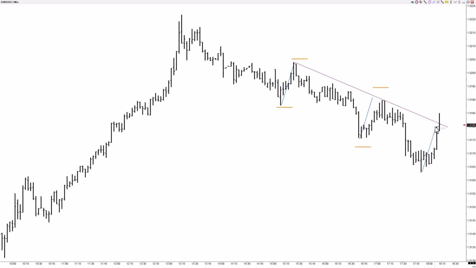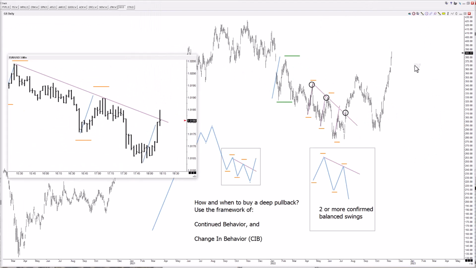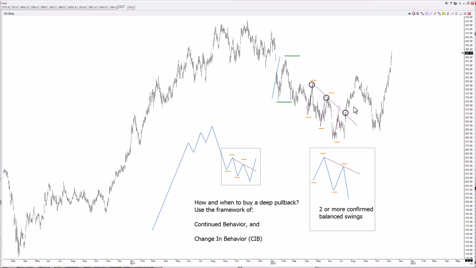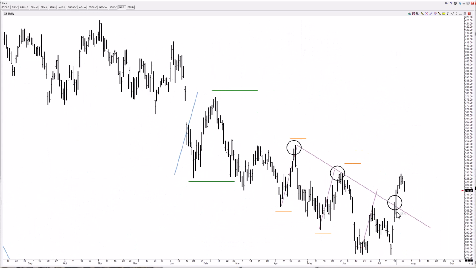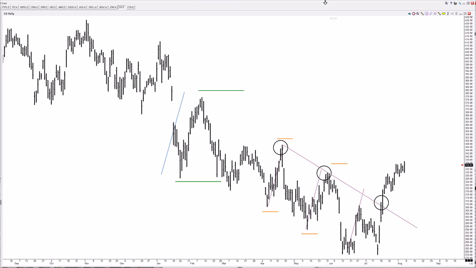Right? It's beaten the length. It's testing the line. That's not beating the line, by the way, guys. See that? That's beating the line, right? That little poke isn't beating the line.